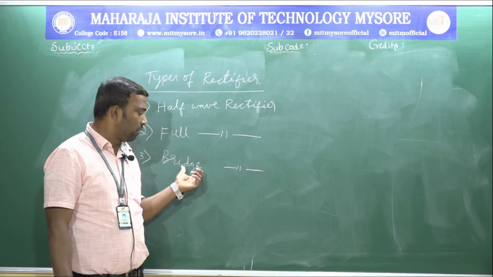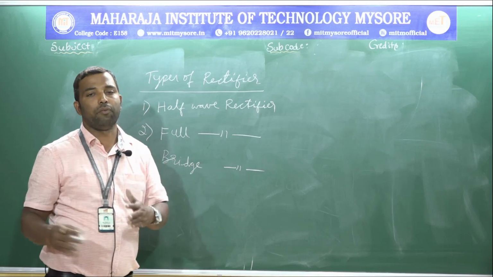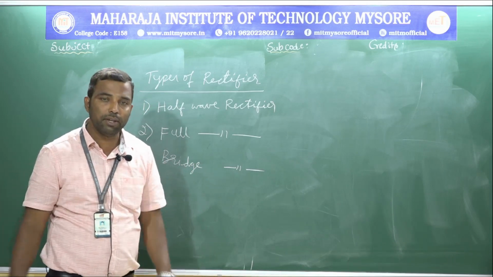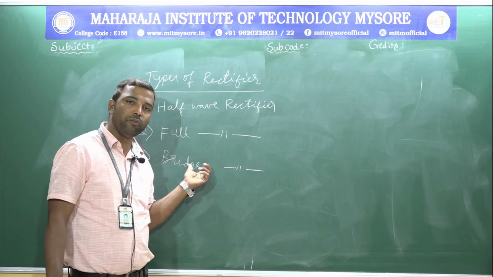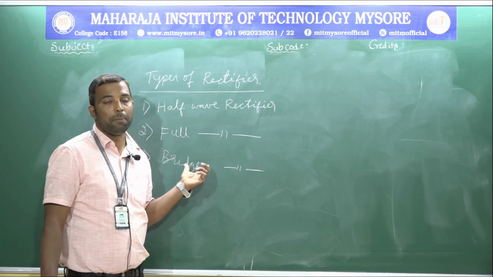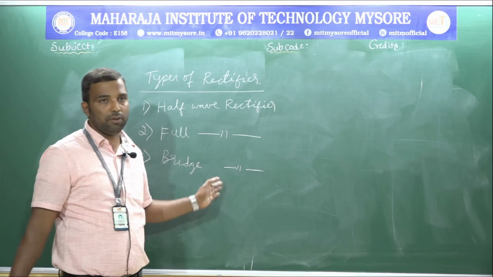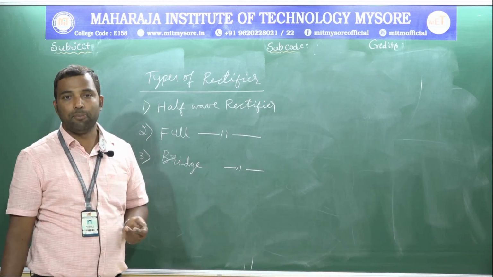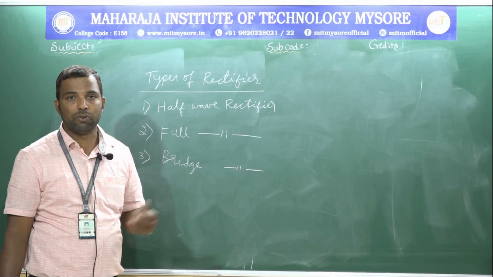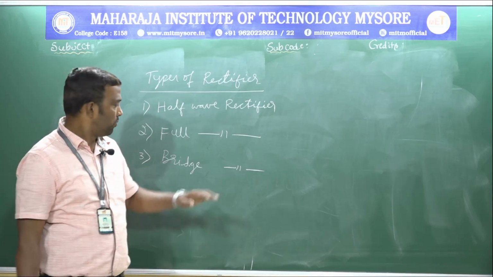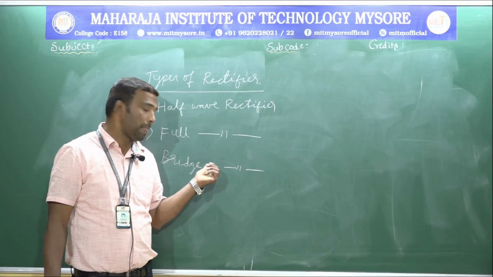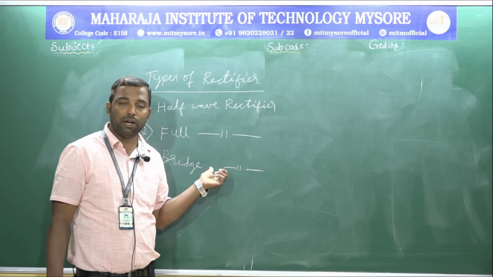In this, it converts the full cycle of AC into the full cycle of DC, and this is the one we are using for practical applications, such as laptop chargers and mobile chargers. So these are the main applications where we use the bridge rectifier.